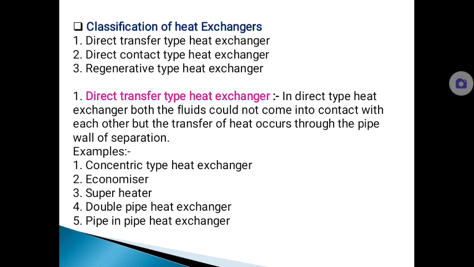Here no direct contact of the two fluids takes place. For example, economizer, superheater, pipe in pipe type of heat exchanger, concentric type of heat exchanger and double pipe heat exchanger. These are some examples of direct transfer type heat exchanger.